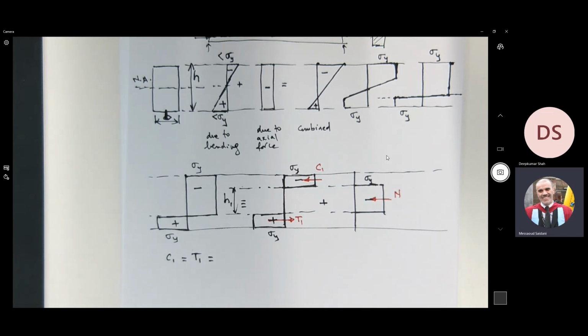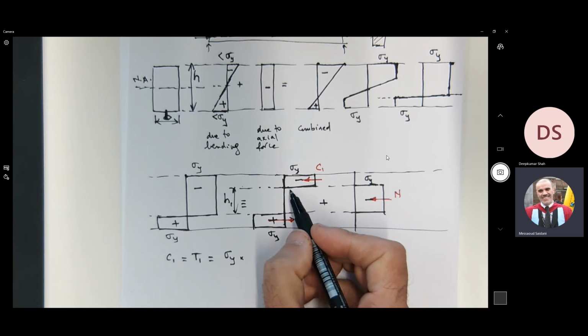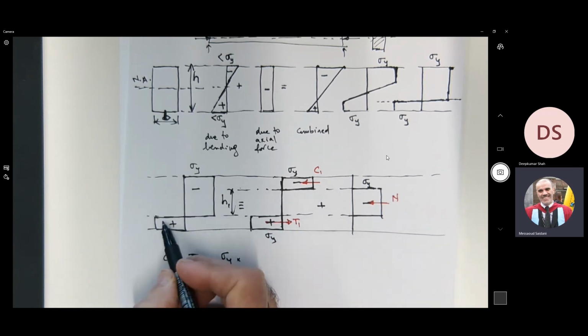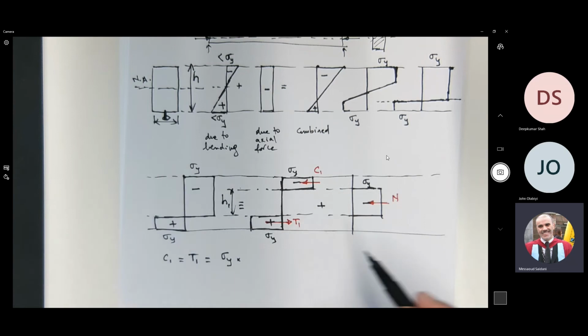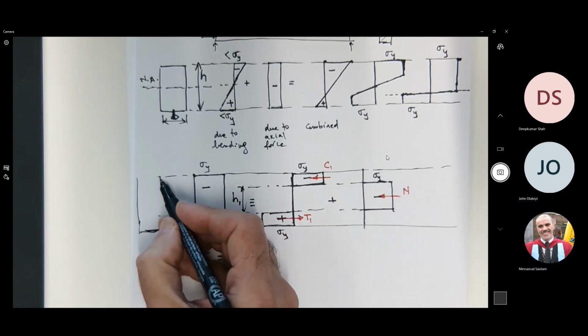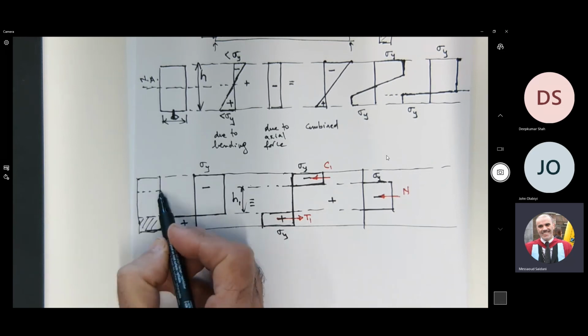Now, can you tell me what C1 and T1 are? It's sigma y times the area. Do you agree it's the area of this part here? If this is the section, we're looking at this area here and this area.